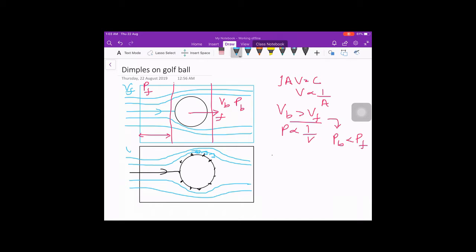So when we consider the velocity ahead to be Vf and the velocity behind to be Vb, here also we have the velocity Vb greater than Vf, but Vb of dimples is less than the velocity behind the ball without dimples.